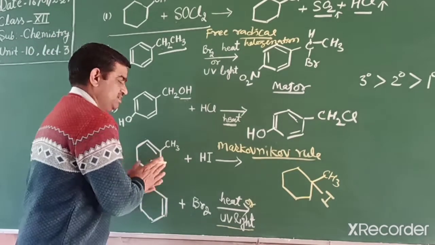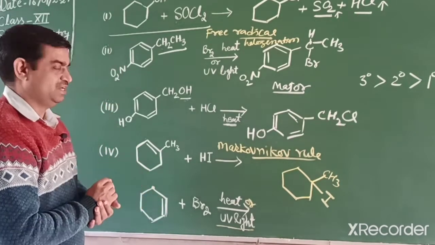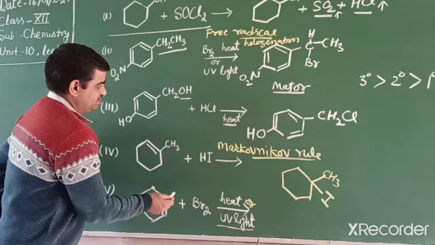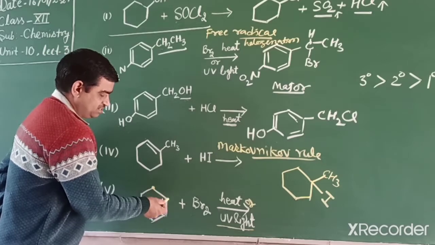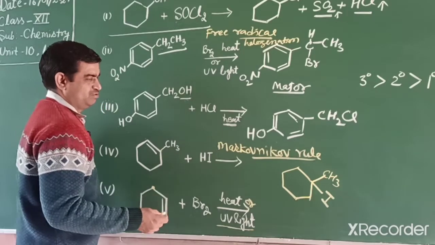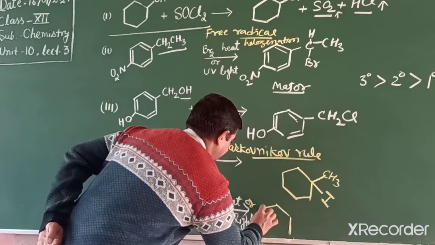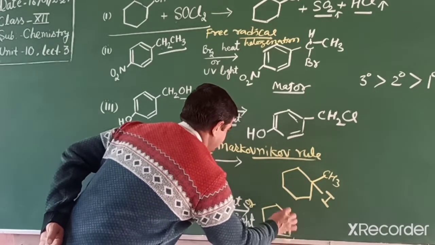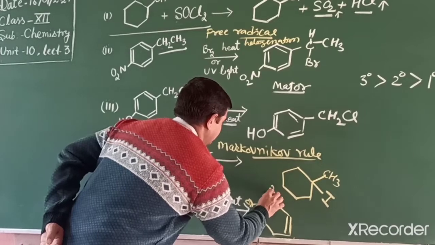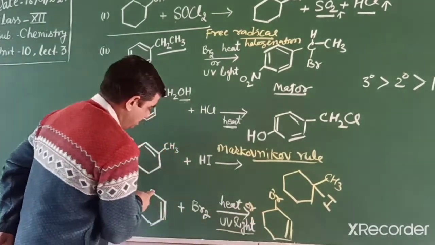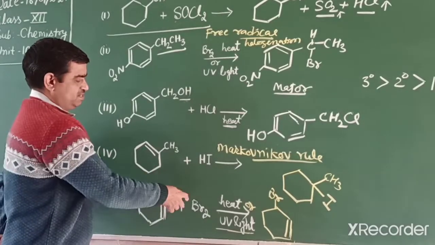Yesterday we already discussed what type of halides these are, allylic halides, because the halogen atom is attached to a carbon whose next carbon has a double bond. So in this reaction we get a compound like this with bromine. It means addition reaction does not occur; this allylic hydrogen is replaced.